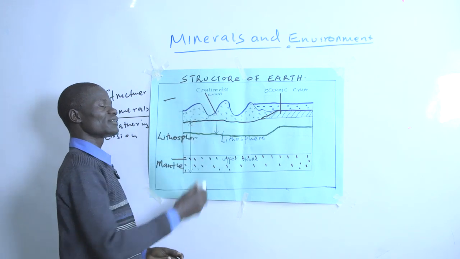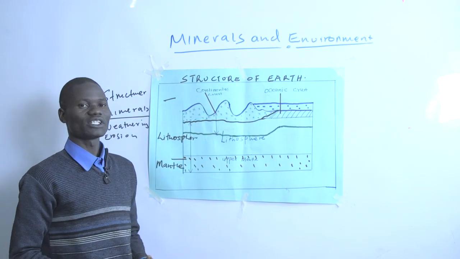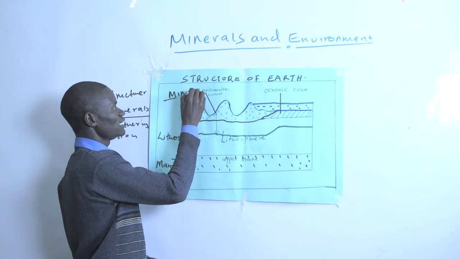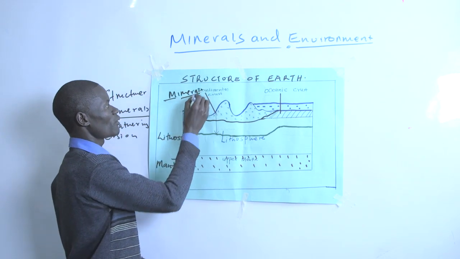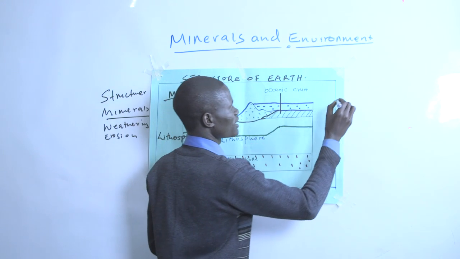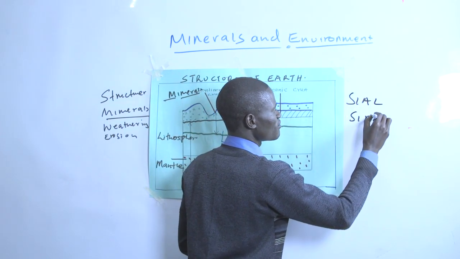On the continental crust is where we will be exploiting much more of the minerals. And the continental crust is made up of two parts. One part is called the sial, and another one is sima.